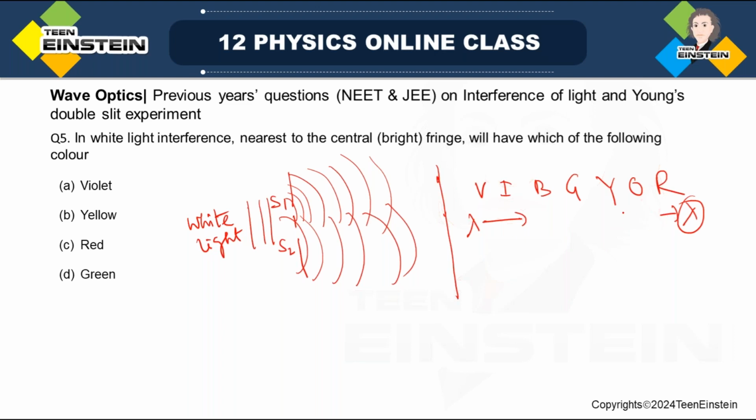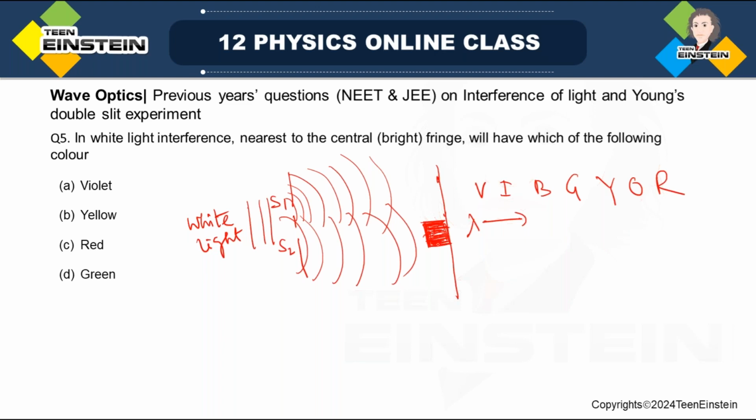Now, when you use a white light source, what you will see, suppose this is the central bright fringe. In this central bright fringe there will be all the colors together, so you will see a white patch over here at the central point.